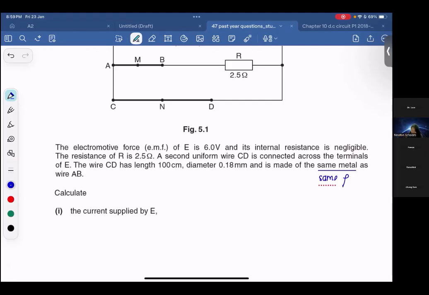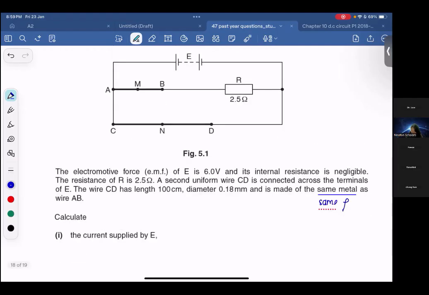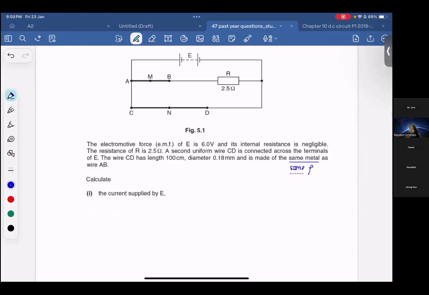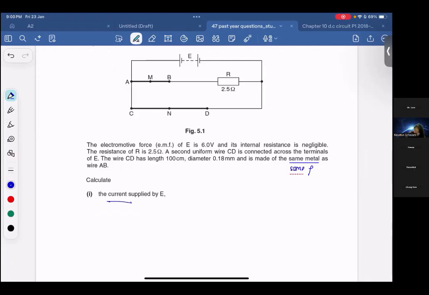Then what is the current supplied by E? How are you going to solve this question? I give you some hints. Current supplied by E means the total current. If you want to know the total current, then total voltage equals total current times total resistance.